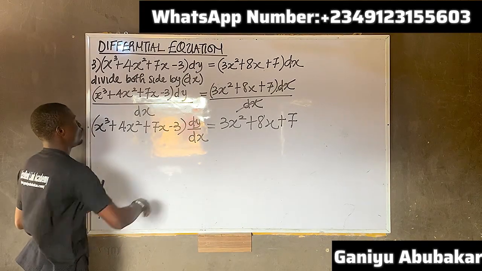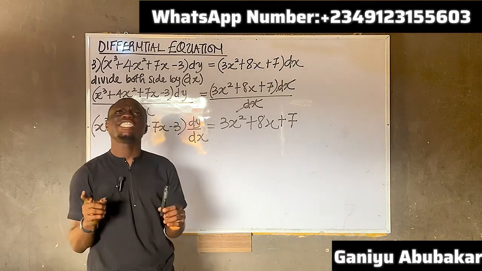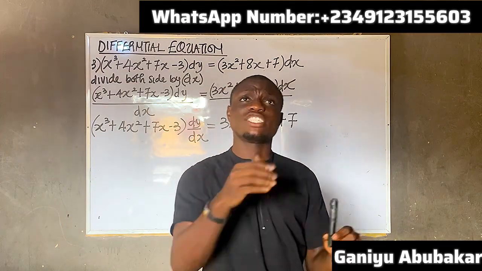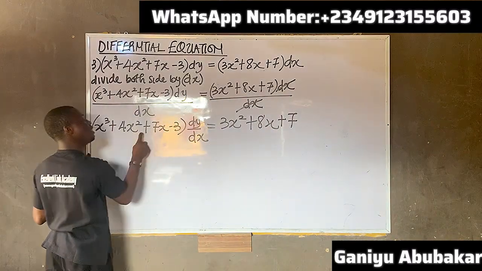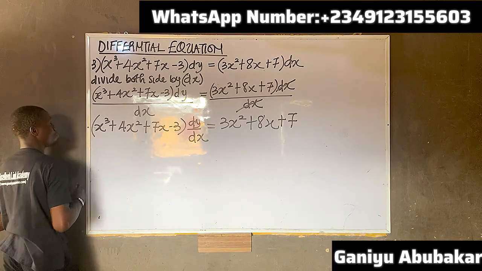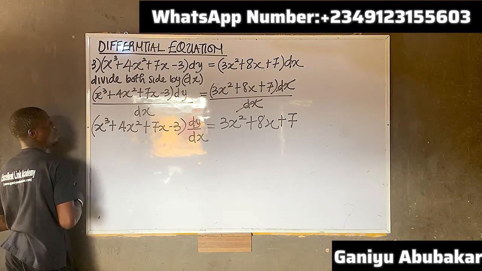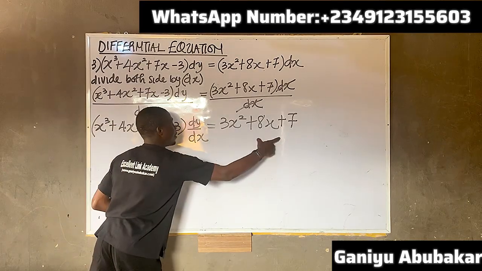Next task is to make dy over dx the subject, as we know. For us to get into the direct integral method, you have to make dy over dx the subject. So I have to divide both sides by this one here. So this one should come under here. That's all.